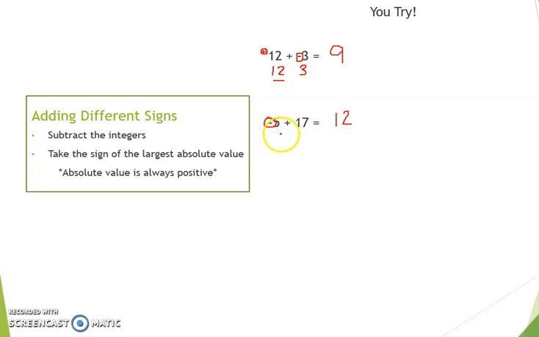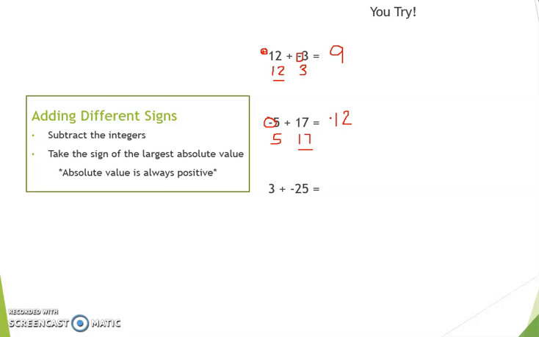The absolute value of negative 5 is 5. The absolute value of positive 17 is 17. We know that 17 is greater than 5, so we're going to take the sign of this 17 because it's the larger absolute value. So our answer will be a positive 12.